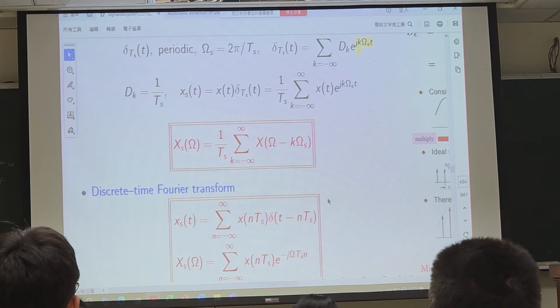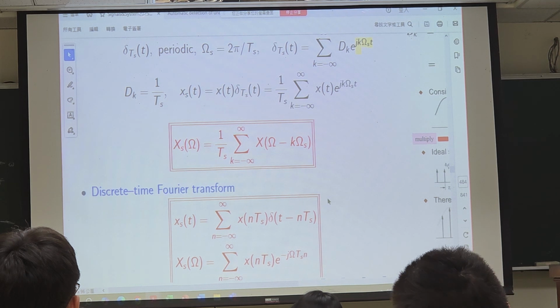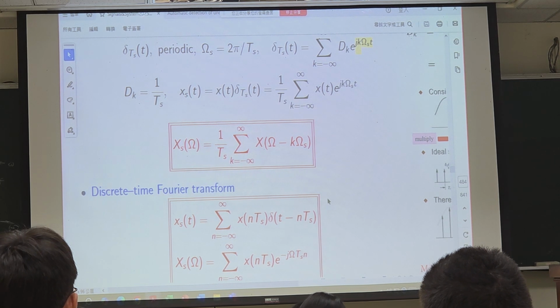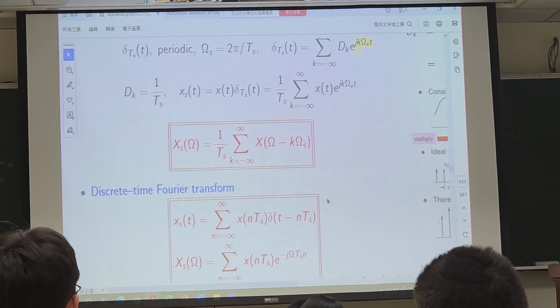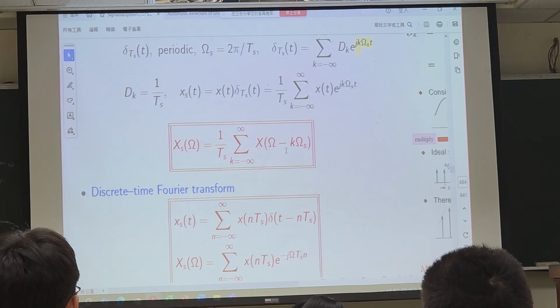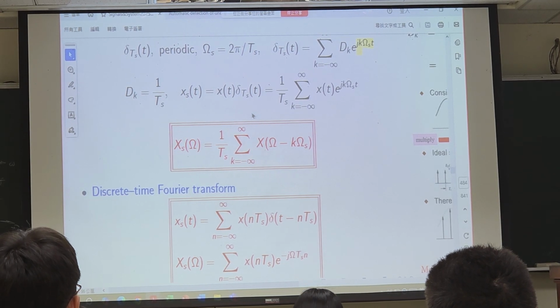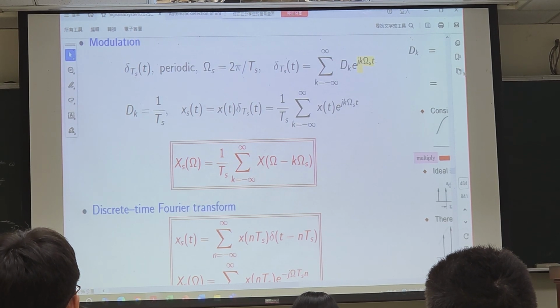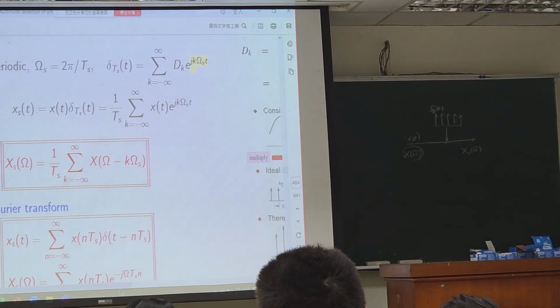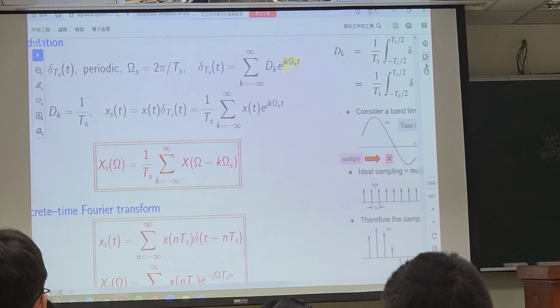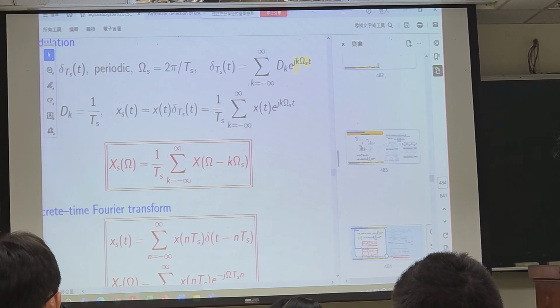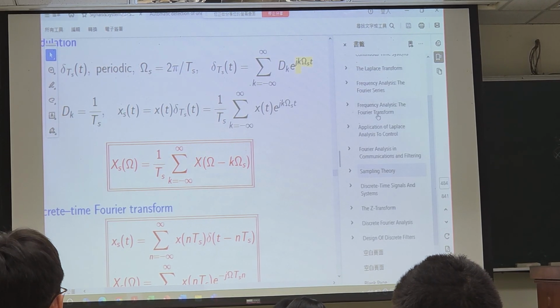And that's no issue. So x(t) has the frequency response or power spectrum X(omega). Maybe it's better to go back to the previous slide. The power spectrum X(omega). Interesting.